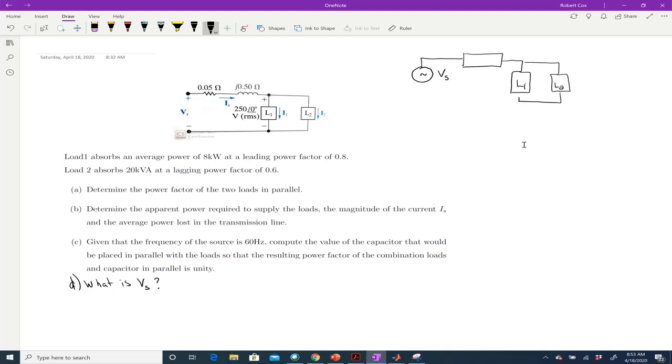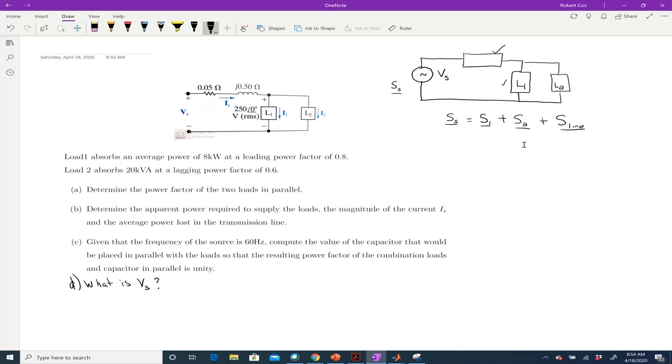Just to be clear, the apparent power given out by that source has to be the same as the apparent power into load 1 plus the apparent power into load 2 plus the apparent power in the line, which is this guy here. So in other words, the source is the only place from which all of that complex power can come.